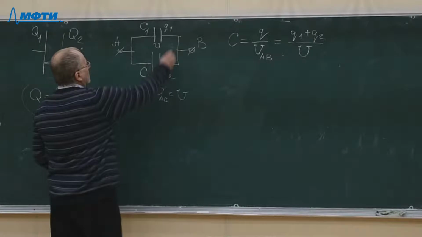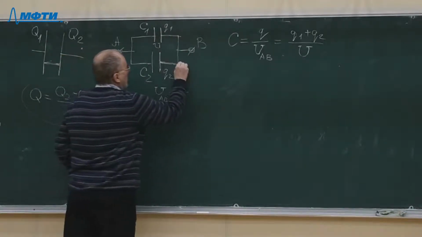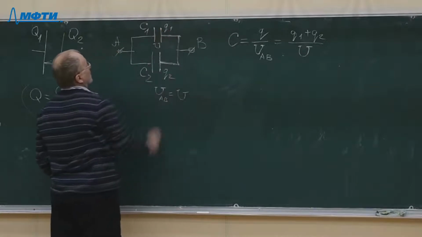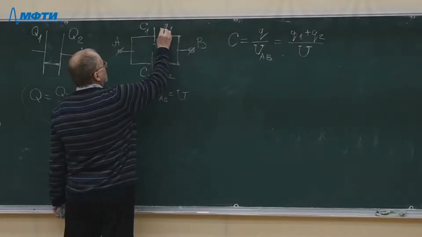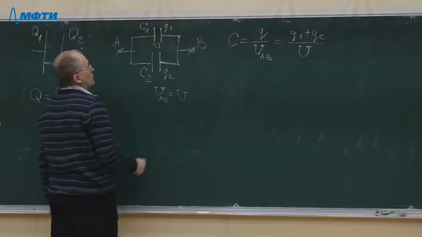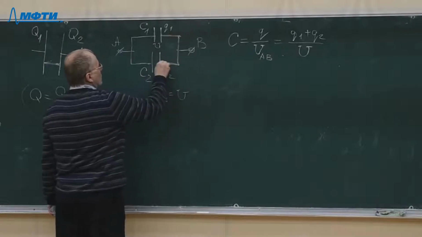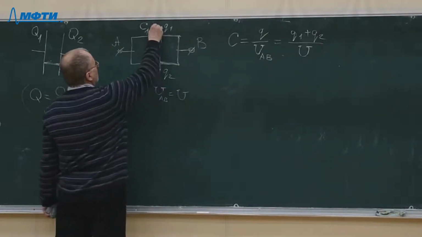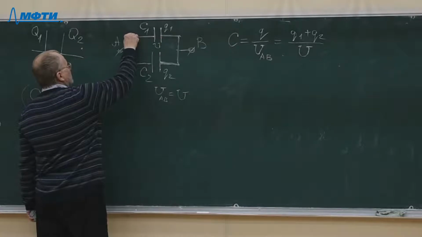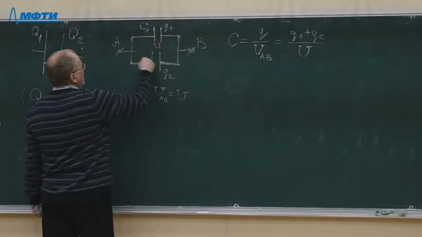The same potential difference will be here, because this is a single conductor and it has a definite potential, because between different points of a conductor, potential difference is zero. We discussed it last time. A single conductor has the same potential at all points. This also refers to the left conductor containing the left plates connected by this wire.